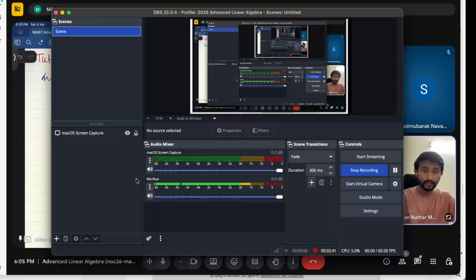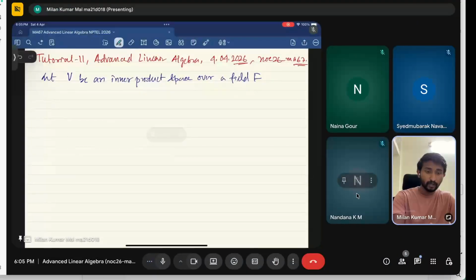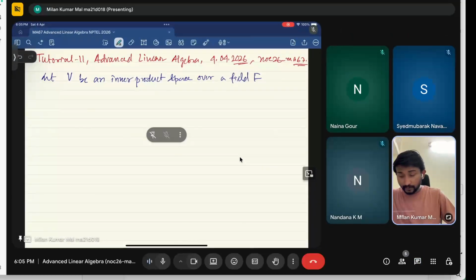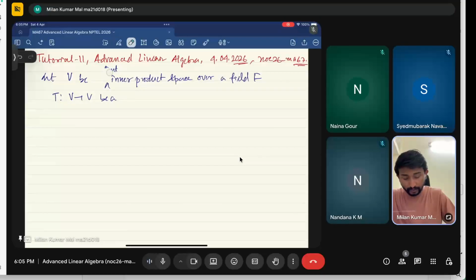The inner product must satisfy linearity in the first component, anti-linearity in the second component, and positivity: the norm squared of alpha, which equals the inner product of alpha with alpha, is greater than or equal to 0, and is positive unless alpha is 0. So let V be a finite dimensional inner product space.